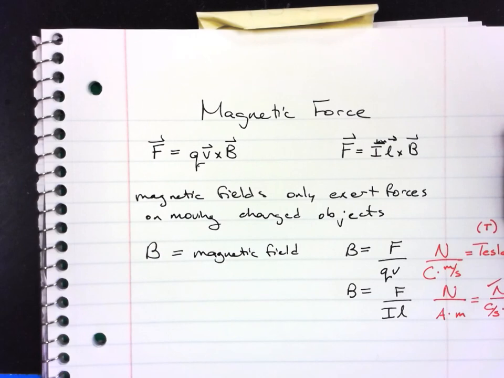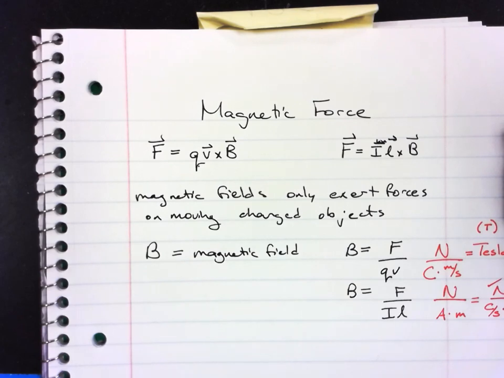Having a magnetic field that's in the Tesla range is actually fairly difficult to do. Most magnetic fields that you've encountered in your life, unless you've had an MRI, were on the millitesla or the microtesla range. The Earth's magnetic field is, depending on the location on the Earth, around the 10s or 20s of micro-teslas. So not a real strong field.